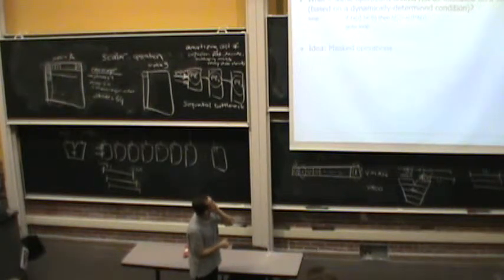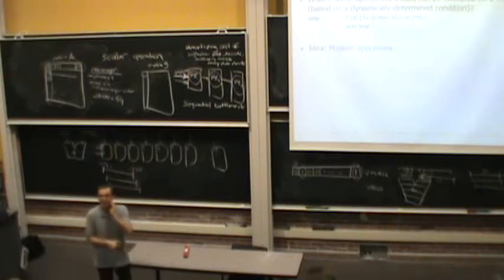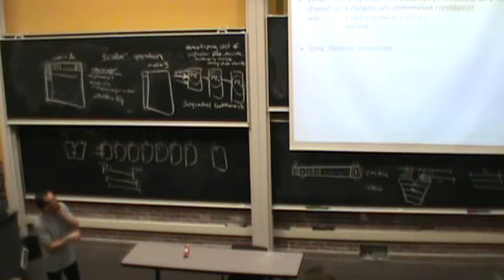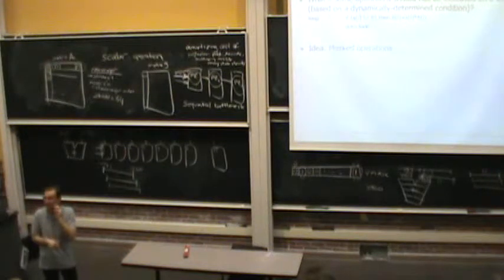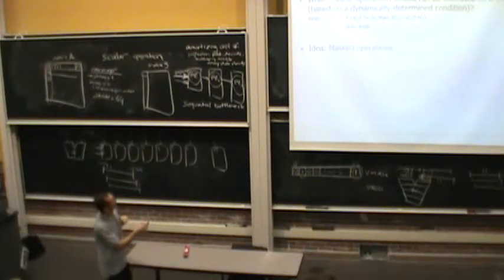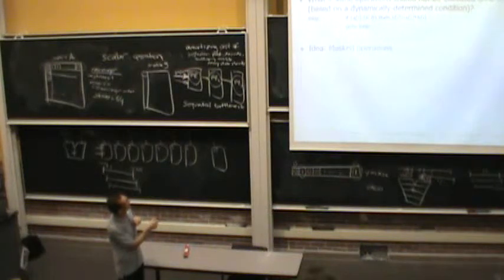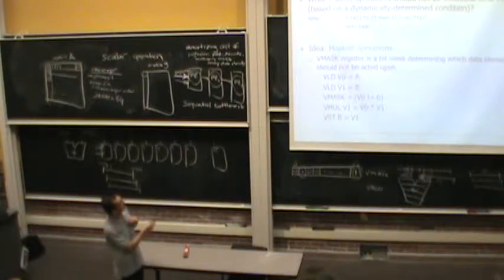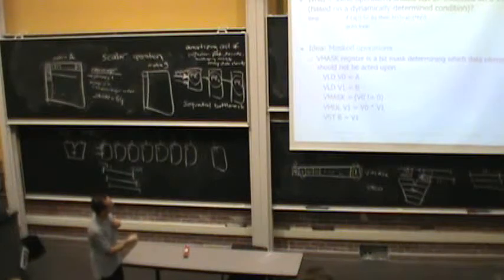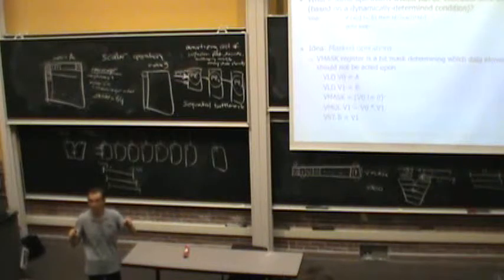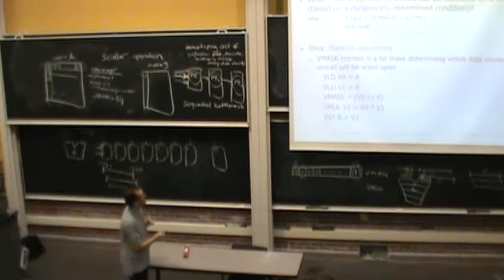Okay, let's take a look at the conditional operations. What if some operations should not be executed on a vector based on a dynamically determined condition, which is the interesting part, right? So let's make the loop a little bit tougher, if you will. So if A[i] is not equal to 0, then you do this. Otherwise, B[i] stays the same. So how do you actually vectorize this loop? Basically, you can use mask operations. And I told you what the vector mask is, right? It's a register. It's a bit mask determining which data element should be acted upon by the operation.